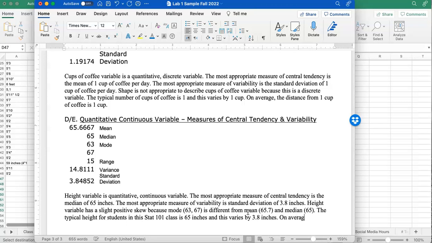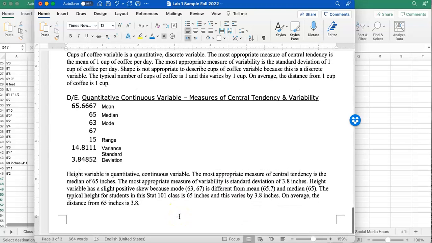So on average, the distance from 65 inches is 3.8. So the distance from the mean, on average, the heights vary about 3.8 inches. Okay, and so there you go.